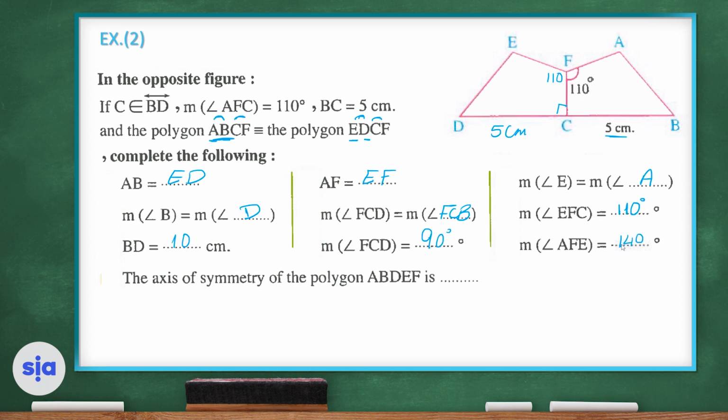From where did we get the 140? Angle AFE is 360 take away the sum of 110 plus 110. So it is 140 degrees. Last question in here. The axis of symmetry of the polygon ABDEF is, excellent, the straight line FC.